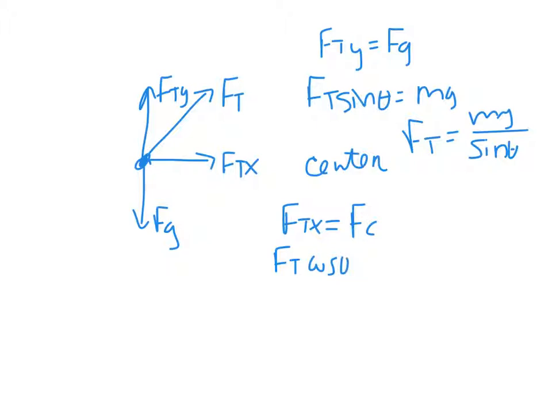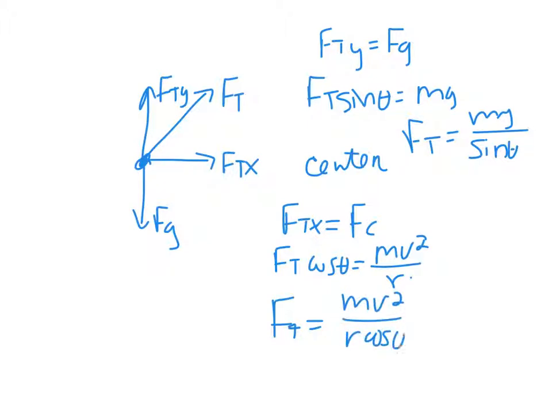Ft cosine theta equals mv squared over r. So Ft equals mv squared over r cosine theta. Setting this equal to this, let's figure out what our speed is, since that's the only unknown.